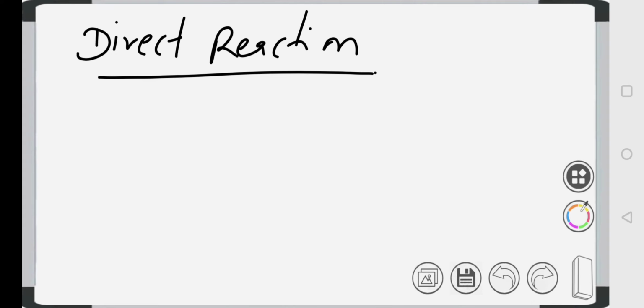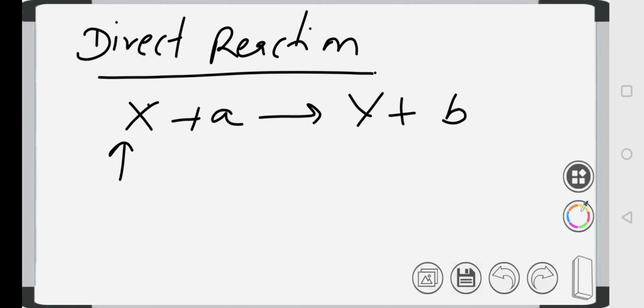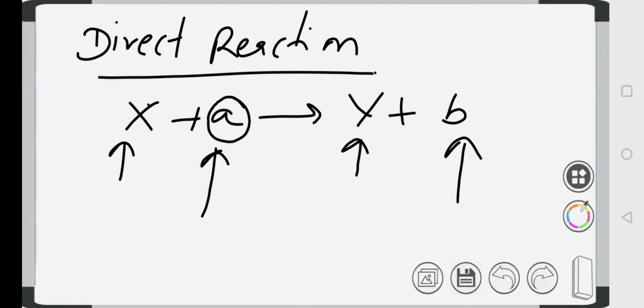As we know, a nuclear reaction is written as X plus A gives Y plus B. This is the parent nuclei, this is the daughter nuclei, this is the projectile, and this one is the outgoing particle. When this projectile is incident on this target nuclei, then after nuclear reaction we have a daughter nuclei and an outgoing particle.